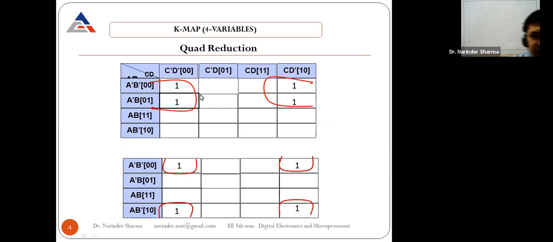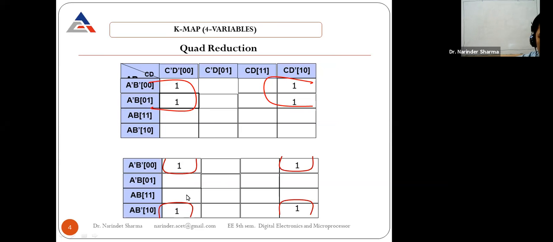Then there is a quad reduction, means you can make a pair of 4. Here you can see that these two ones, this is folded vertically, and you can say that there is a quad reduction. Similarly, you can also take the one at each corner from your screen.